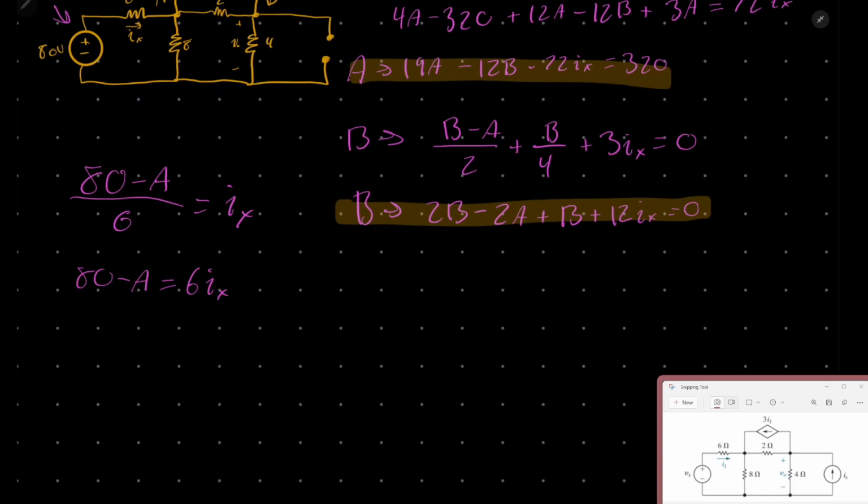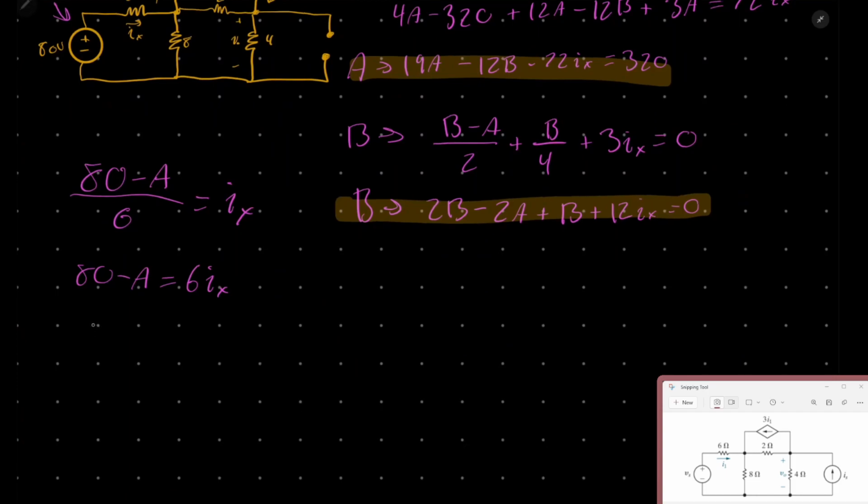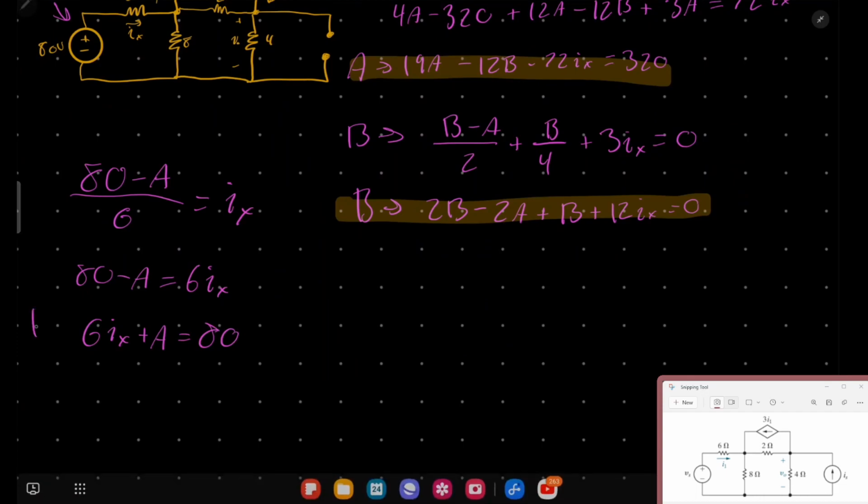And then we'll add the a to the right side so that we get all of our unknowns on one side. So we'll end up with 6ix plus a equals 80. So that's the equation for our ix.